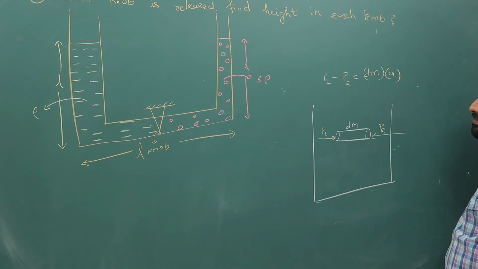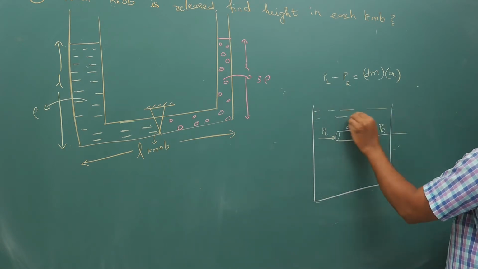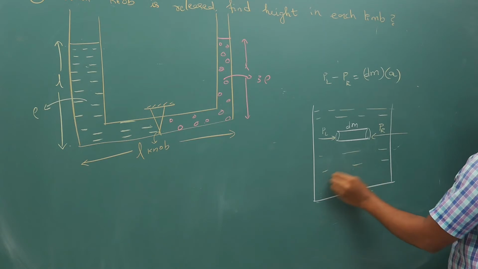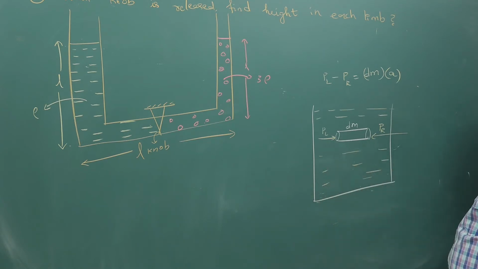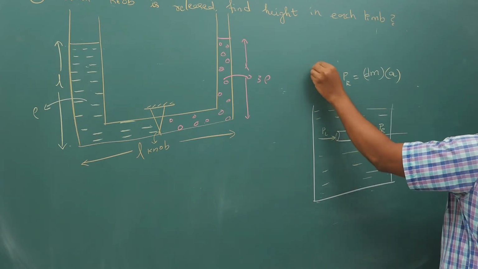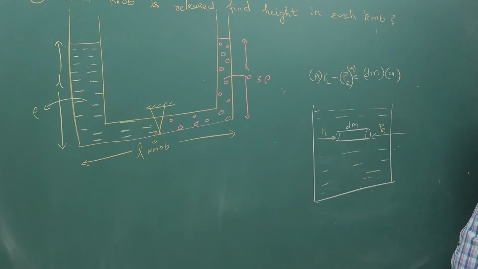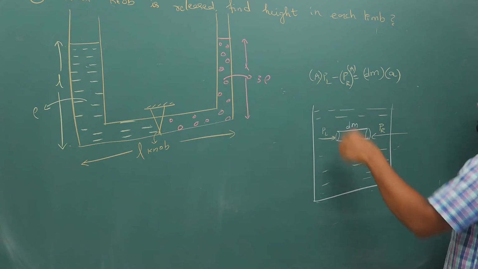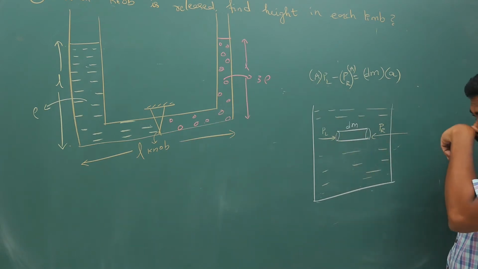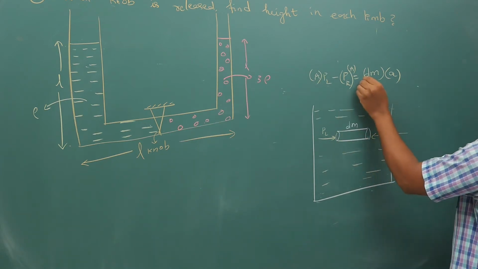You have a container. In that container you have some fluid. Here in the horizontal direction, pressure into area is force, which equals mass into acceleration. Now here your m is not 0.